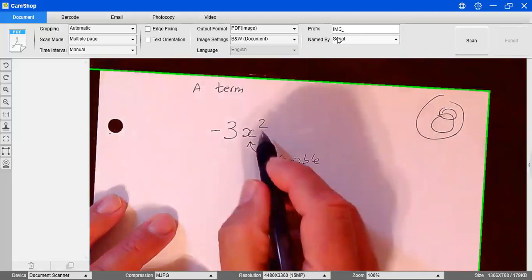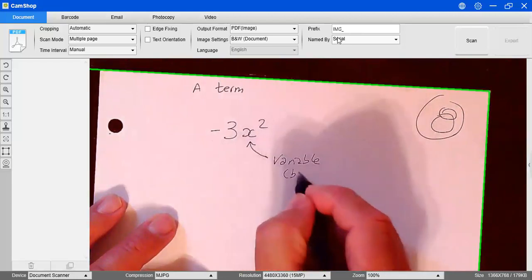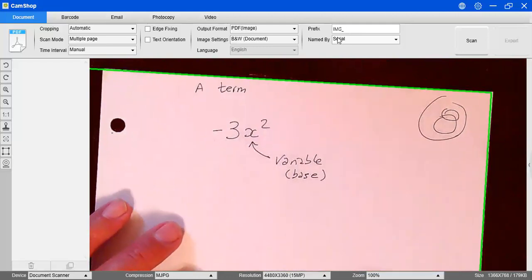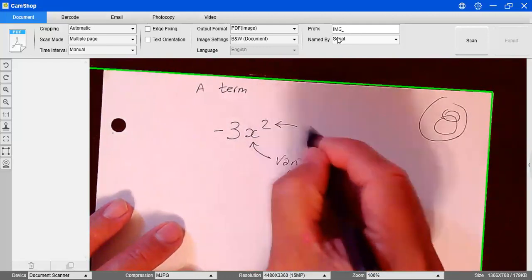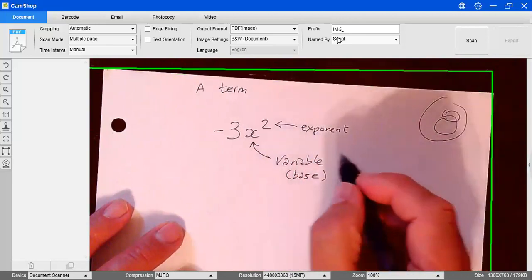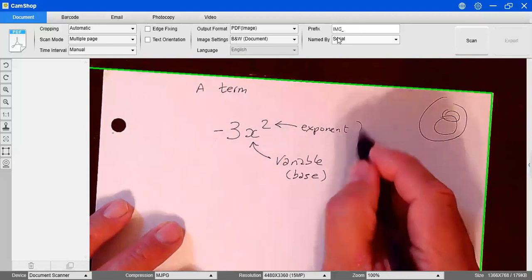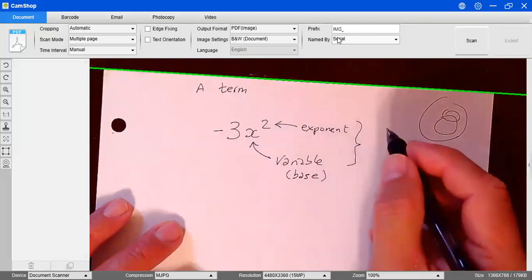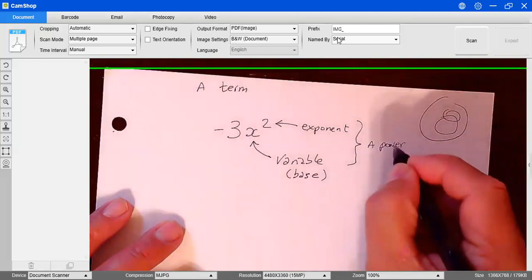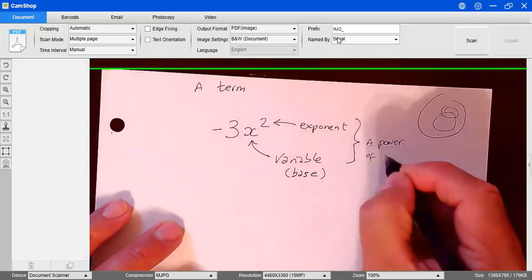And also when you have an exponent, you also call this the base, and this is the exponent, and both the base and the exponent are a power. For example, this is a power of x.